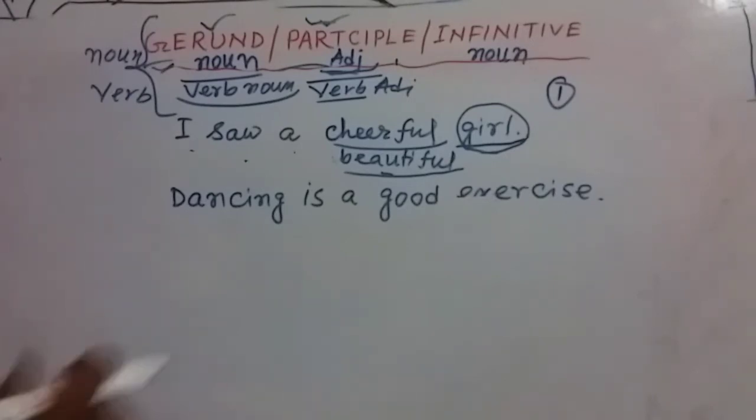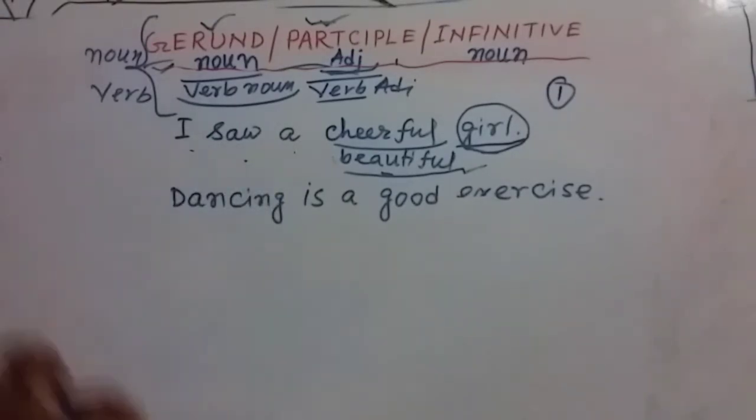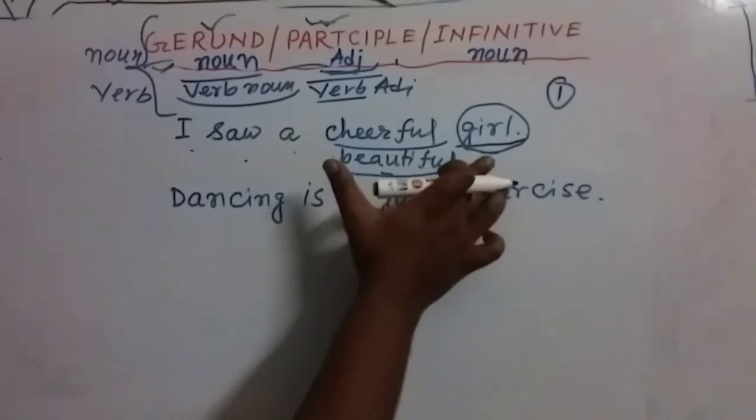Dancing was an adjective, and we have used another adjective in that position, and the sentence remains meaningful. So as it is an adjective, we can replace it with another adjective. If we use any noun here, it will be mismatched.